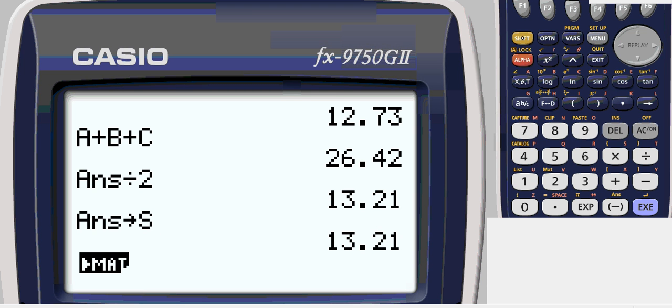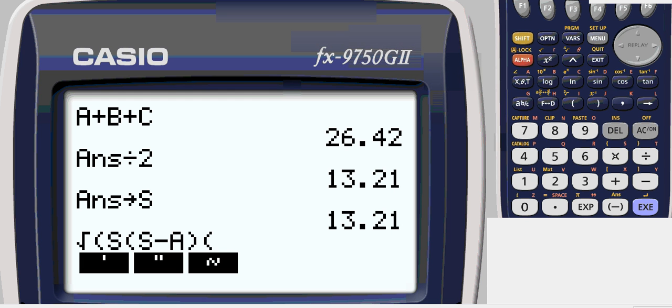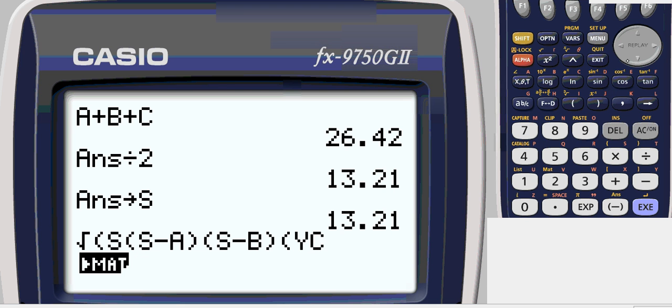So our formula says, Heron's formula, square root of S times S minus A, S minus B, S minus C. So there's the formula.